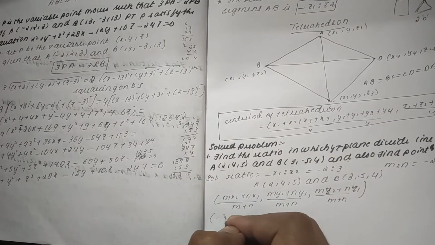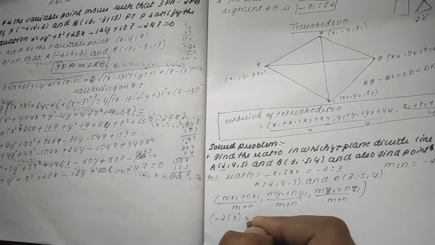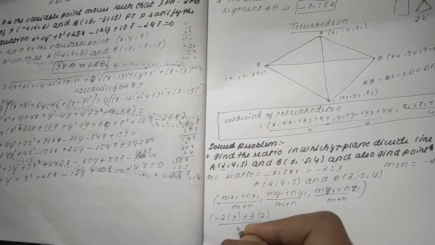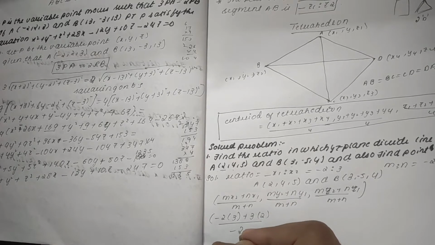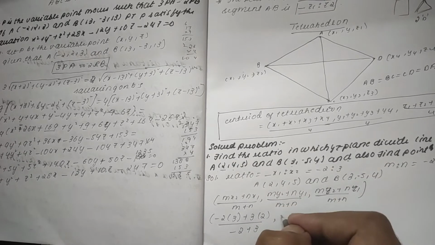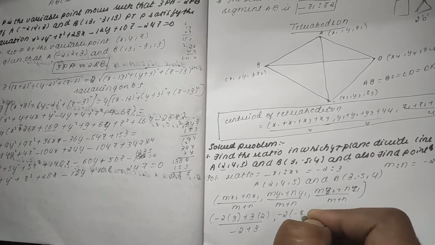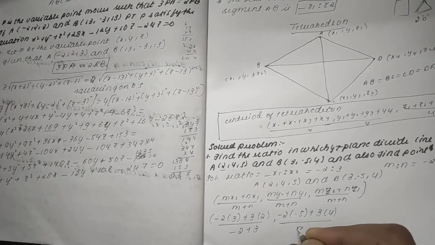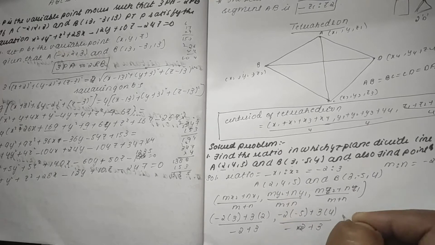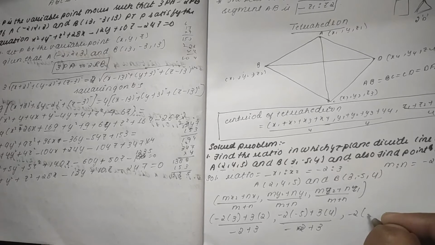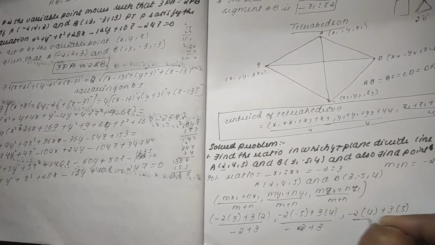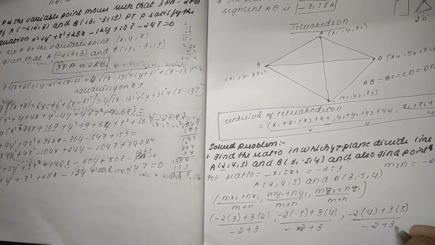Substitute the values. Minus 2 into 3 plus 3 into 2 by minus 2 plus 3 comma minus 2 into minus 5 plus 3 into 4 by minus 2 plus 3 comma minus 2 into z2 plus 3 into z1 by minus 2 plus 3.